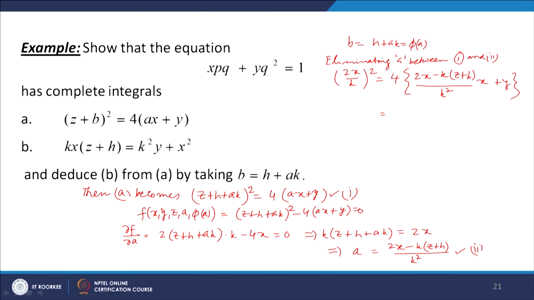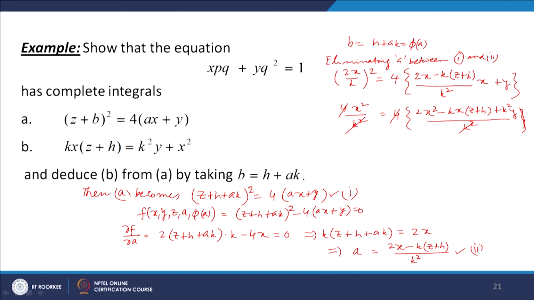or I can write it as 4x square upon k square equal to 4 times 2x square minus kx into z plus h plus k square y divided by k square. So, this k square will cancel with k square, 4 will cancel with 4, and what we will have is x square equal to 2x square minus kx into z plus h plus k square y.